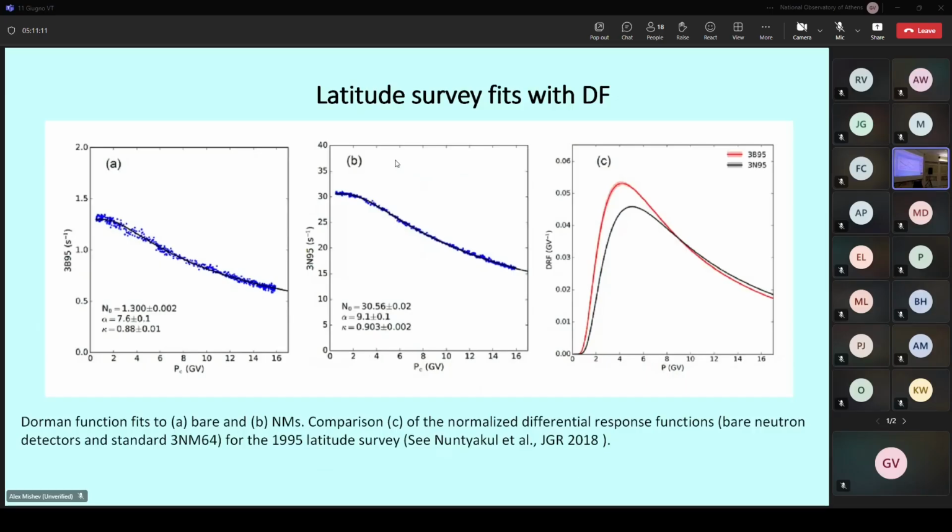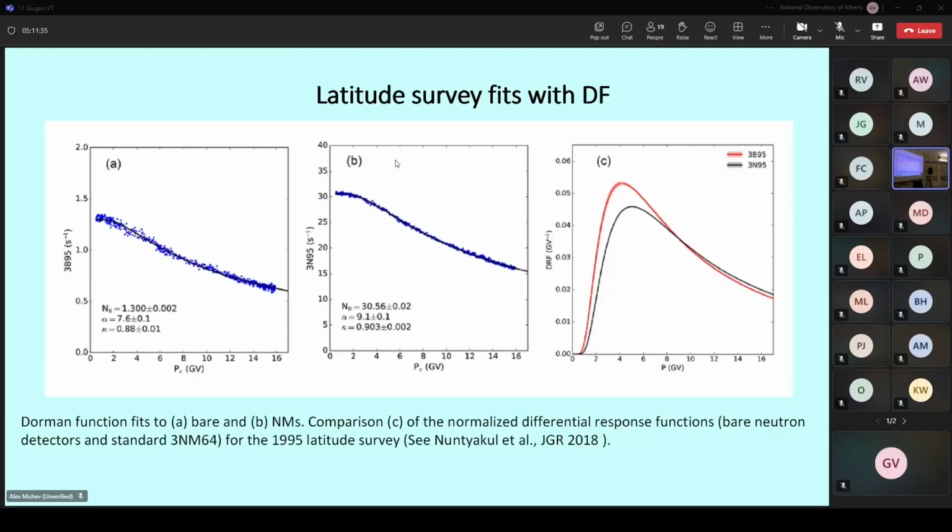It is just a parameterization of the latitude survey using the Dorman function, and in the right hand panel you can see the different response of a LED-free monitor, without lead, compared with the standard one.